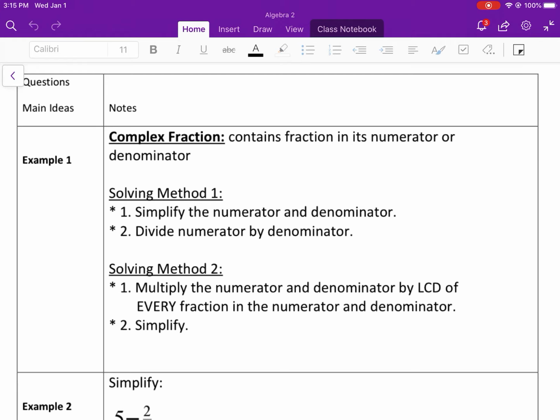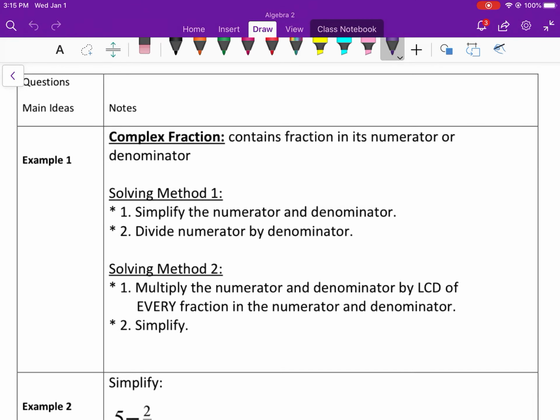First method, you simplify the numerator and denominator, and then you divide the numerator by the denominator. And if you remember, if you divide a fraction by another fraction, we use that keep, change, flip method. So keep the top fraction, change it to multiplication, flip the second.